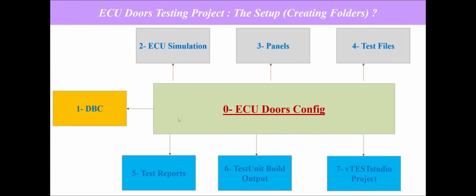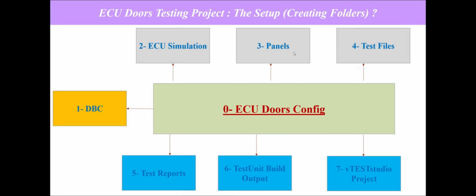Next, we have the ECU simulation folder, where we implement the simulation of the ECU behavior. And we have the panels folder, used to create the graphical interfaces to interact with the system during testing.